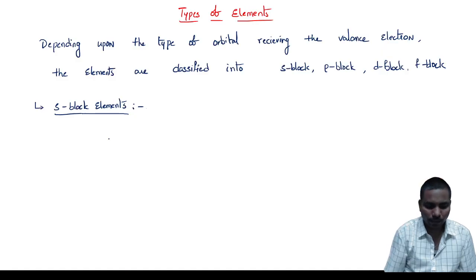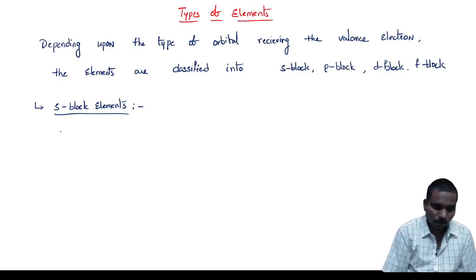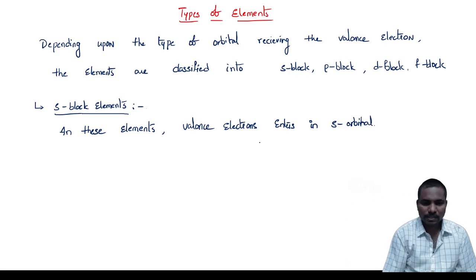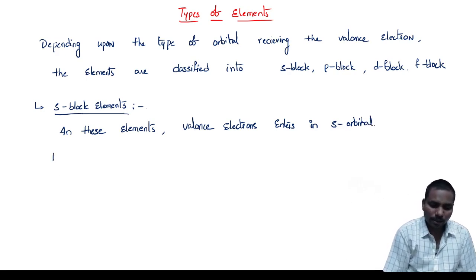So let us take that point. In these elements, the valence electrons enter the S orbital.